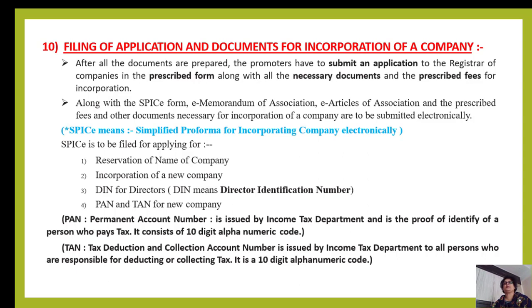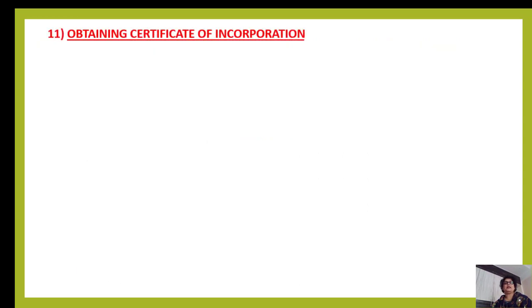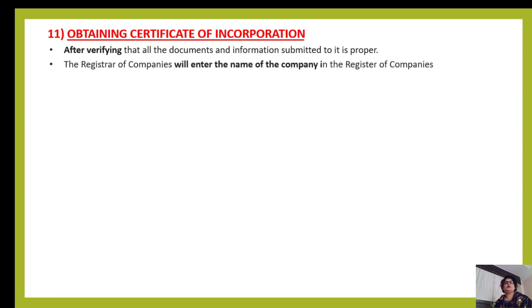Remember, this is the last stage of the incorporation of a company: obtaining the certificate of incorporation. So that means now we have got the incorporation certificate. After verifying that all the documents and information submitted are proper, the Registrar of Companies will enter the name of the company in the register of companies.